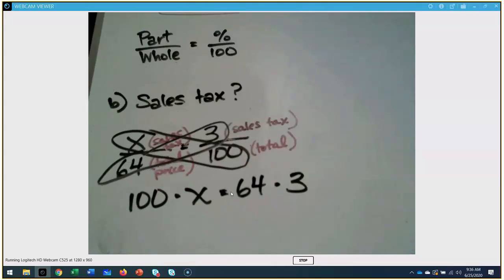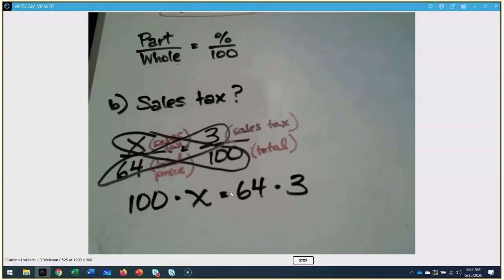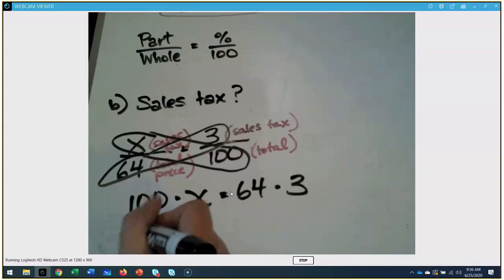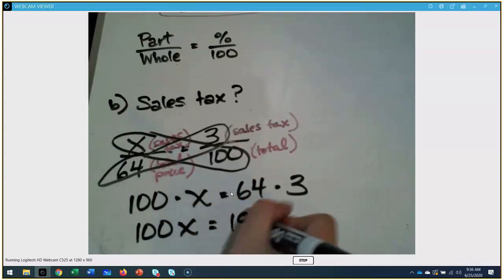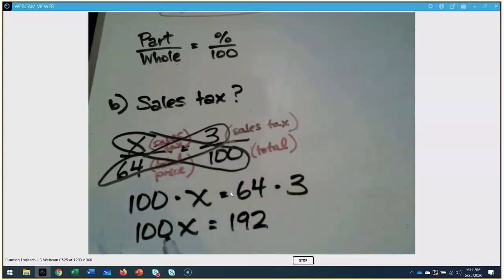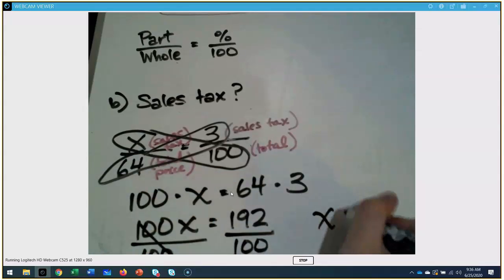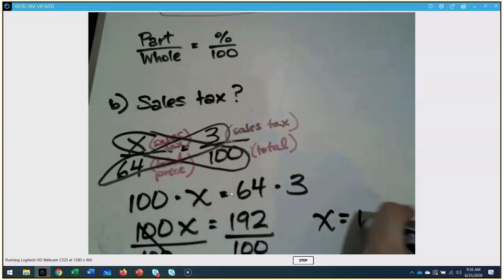Okay, so let's see what we get. 64 times 3 is 192 over on this side. Then when I divide it by 100, 192 divided by 100 is 1.92.